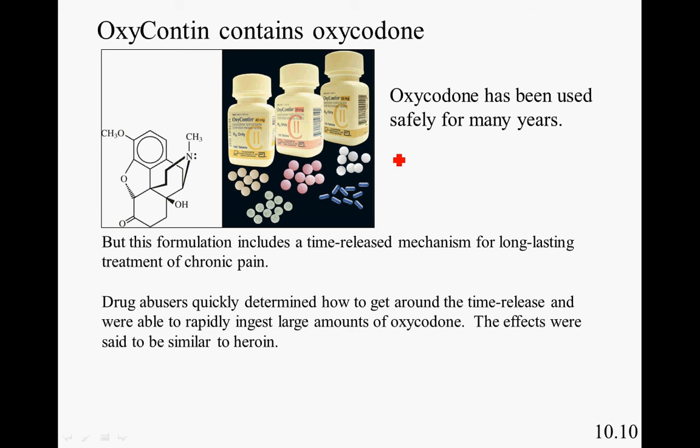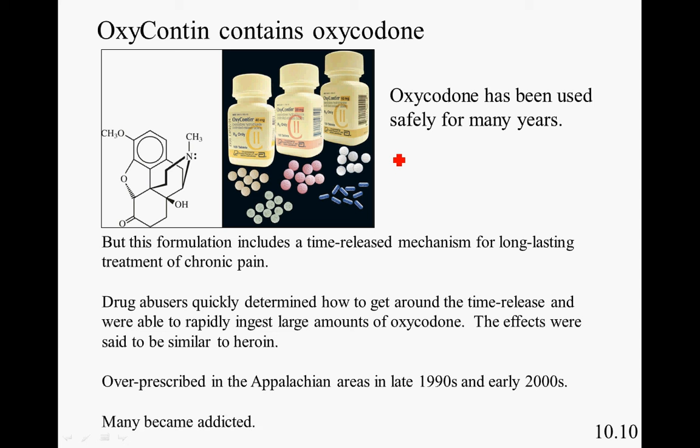The effects were said to be similar to heroin. Oxycodone was overprescribed in the Appalachian Mountains in the late 90s and early 2000s. Many became addicted because of this. It is now a highly regulated drug.